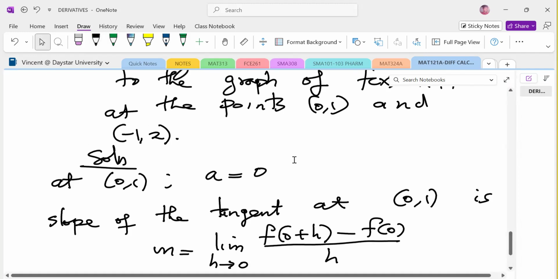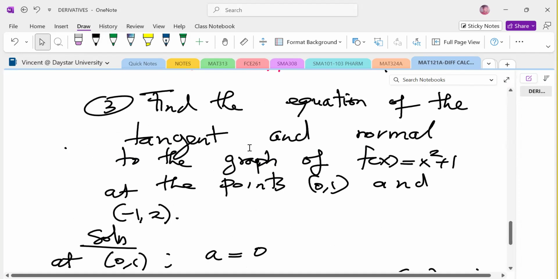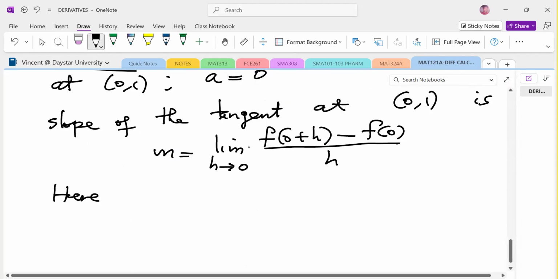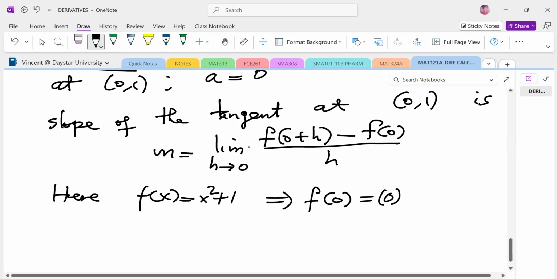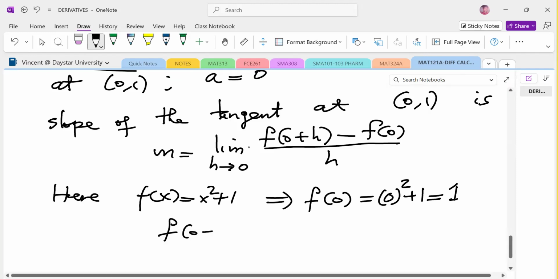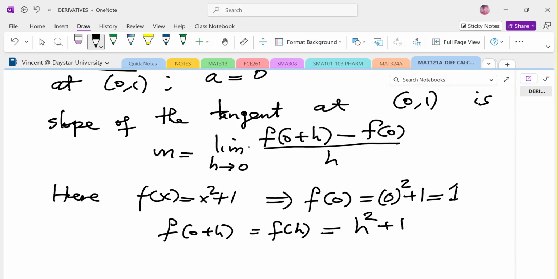Remember in this question, f of x is x squared plus 1. Which means that f of 0, where there's x, we put 0. So I'll have 0 squared plus 1, which will give us 1. And f of 0 plus h, which is just f of h, will be h squared plus 1.